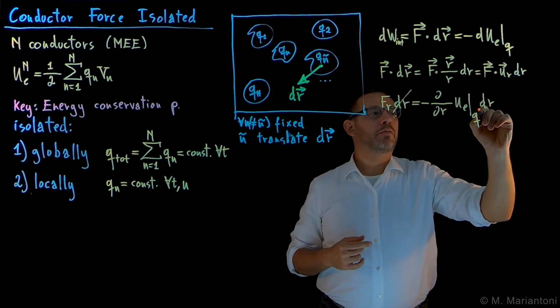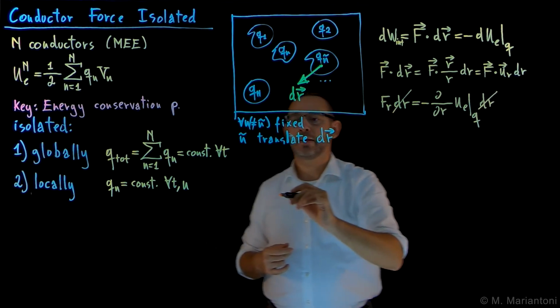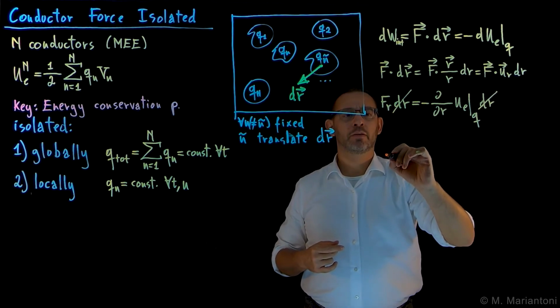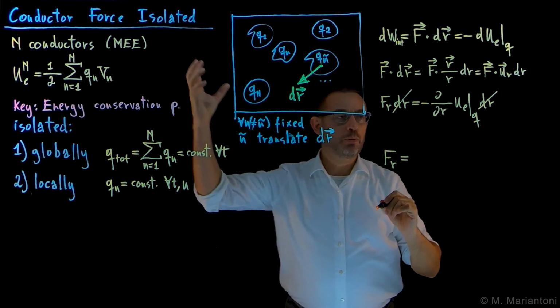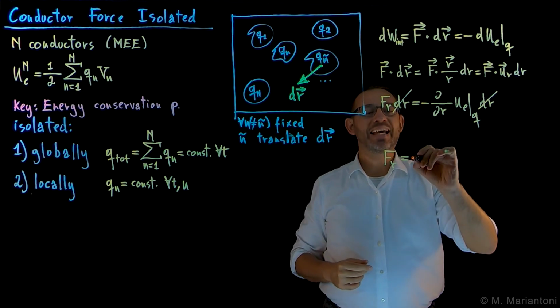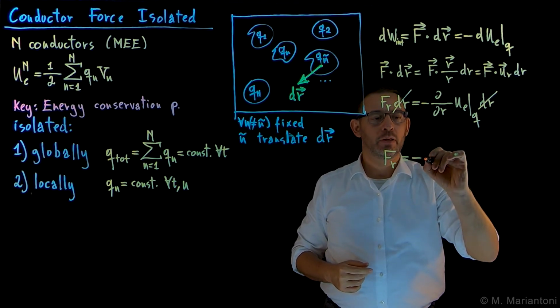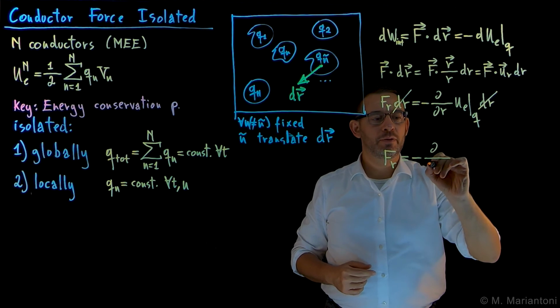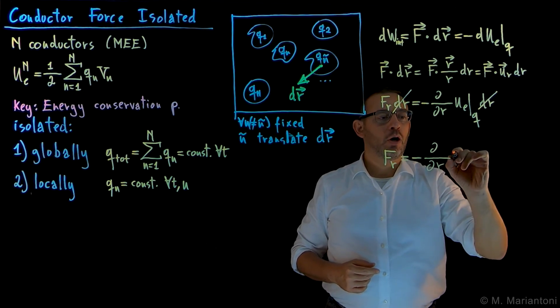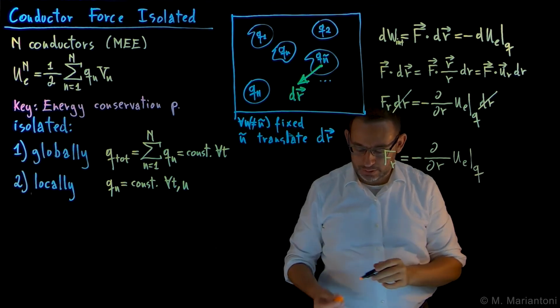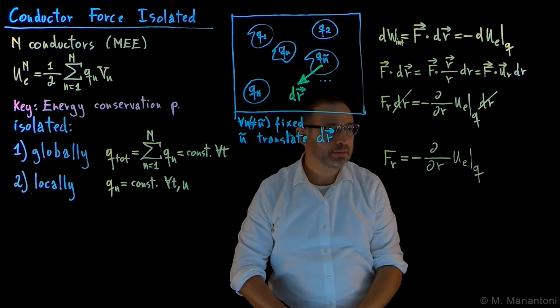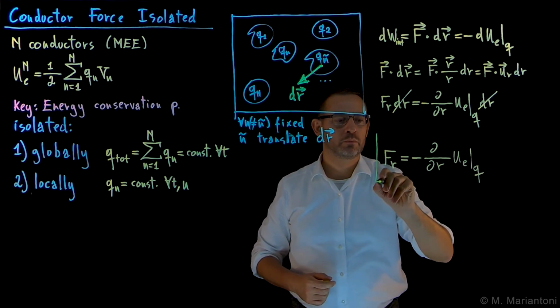The dr we can get rid of, therefore we find the final result down here, which tells us that Fr, the force we wanted to compute on the system of conductors, is minus the partial derivative with respect to r of UE at Q maintained as a constant. This is exactly the result we were looking for.